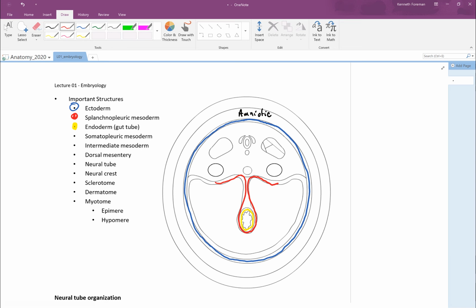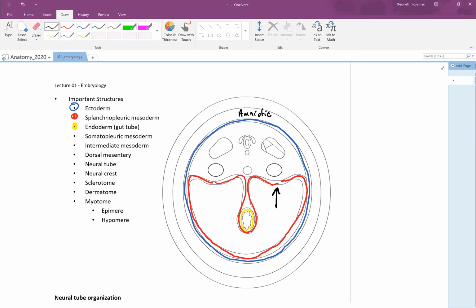And we have the somatopleuroid mesoderm wrapping, soma meaning body wall. It's wrapping around the body wall. You may ask me, well, where is this exact division between somatopleuroid and splanchnopleuroid? No idea. We know it's in the posterior wall, but for me to say, oh, that's the exact location, I'd be lying to you.